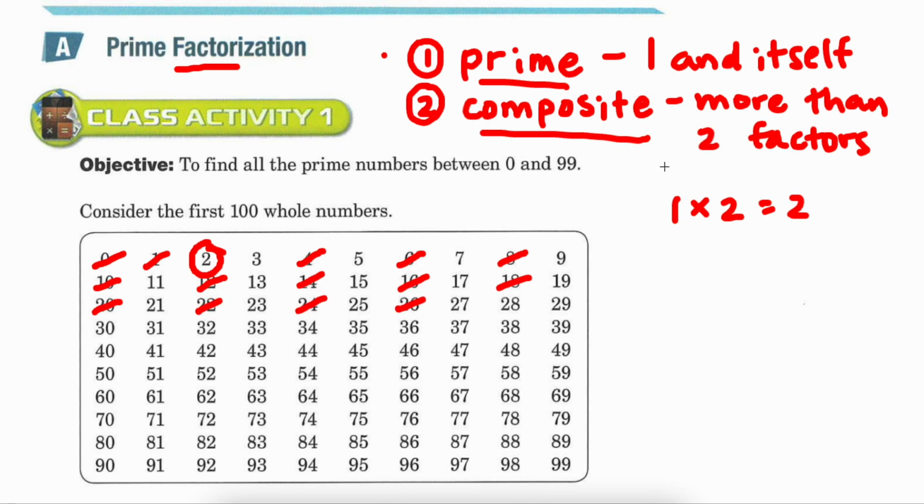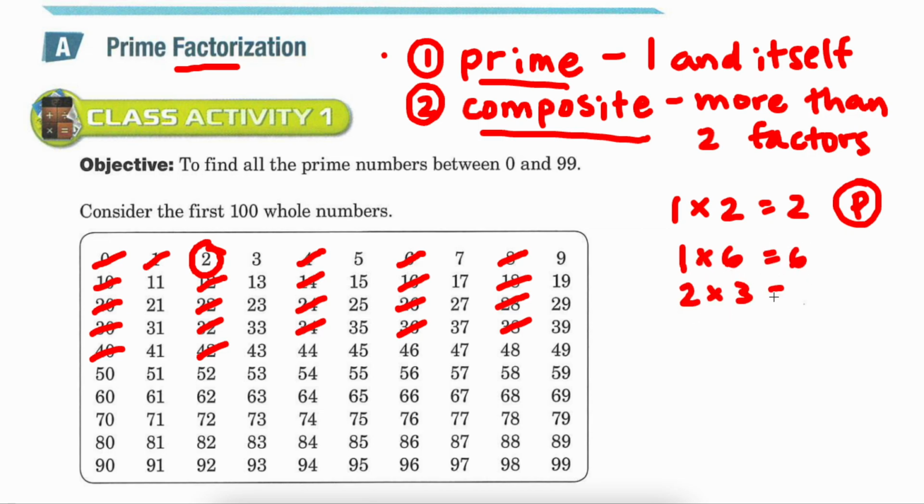Remember, composite numbers have more than 2 factors, meaning it's not just 1 and itself that makes up that number. For example, one of the numbers that we chose, 6, right? So 2 was prime. 6 is not prime because we can have 1 times 6. We can have 2 times 3, right?